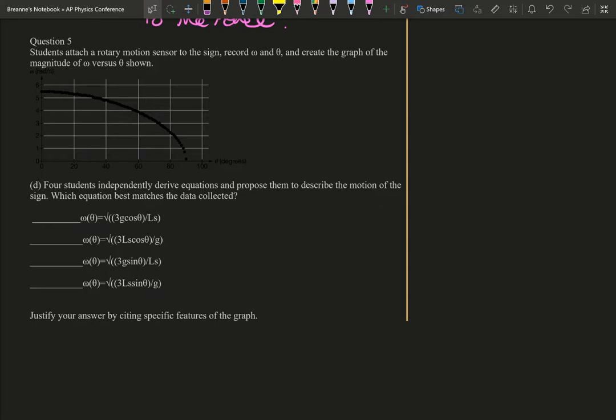Okay. So this is omega and theta. So we have to have omega and theta. Oh, look, we have omega and theta in all of them. Good. Theta, gravity really doesn't. So we think about it.